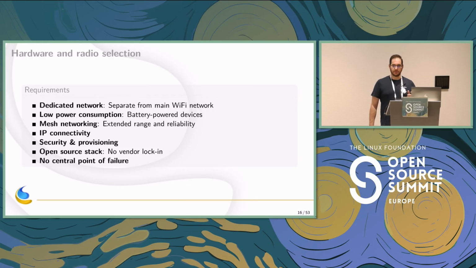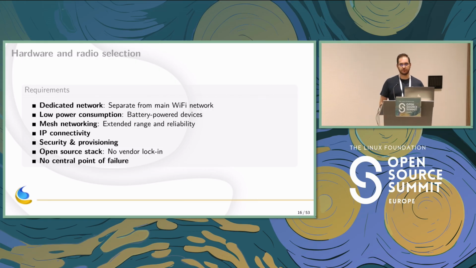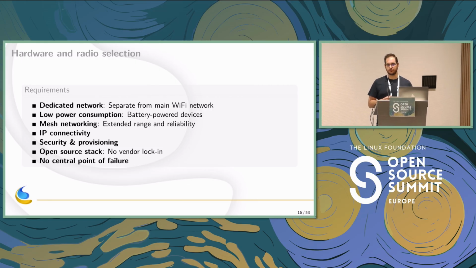The consumption is quite important because some devices use a small battery, so it has to last a couple of years. So you really have to be careful with power management. Mesh networking is a useful feature to extend the range, because in the house, depending on the age of the house and how it has been built, you could have a very low range to a big range for the same protocol.